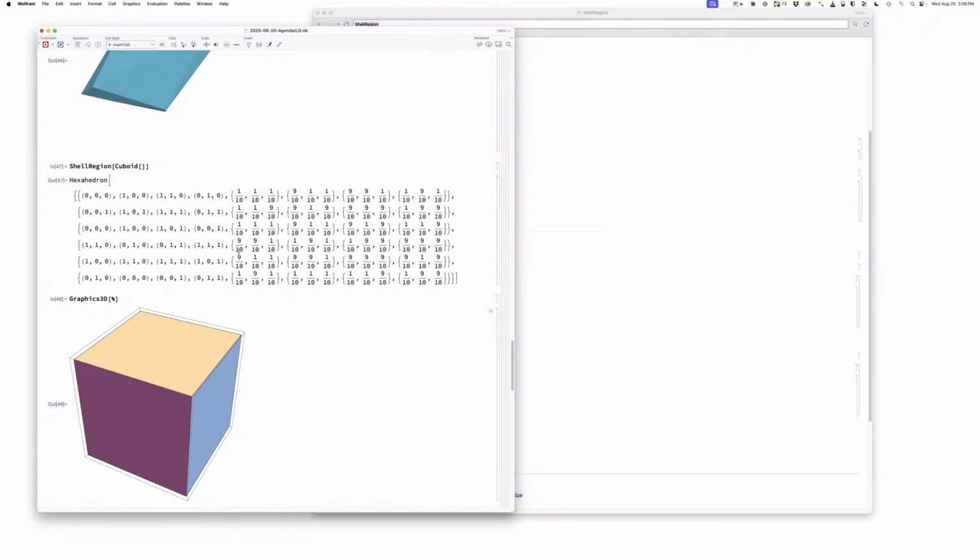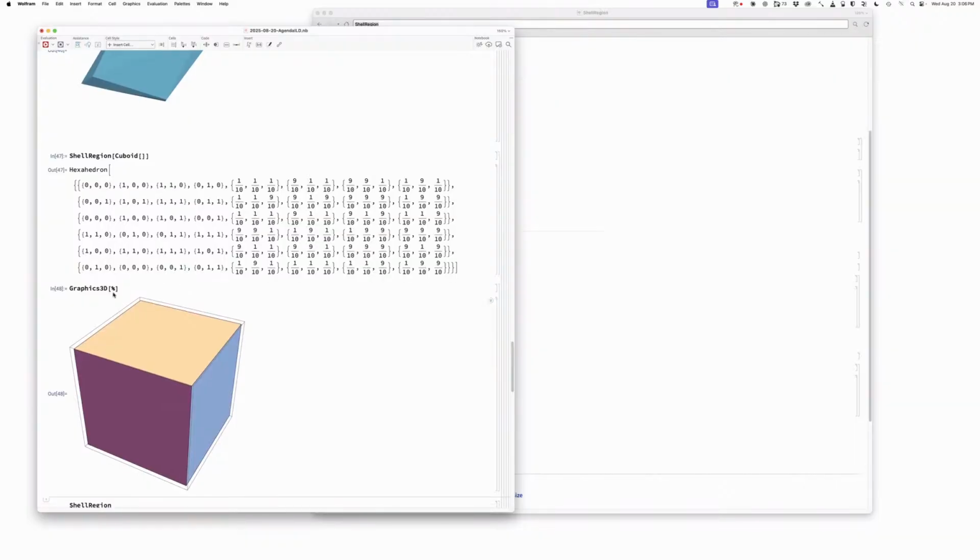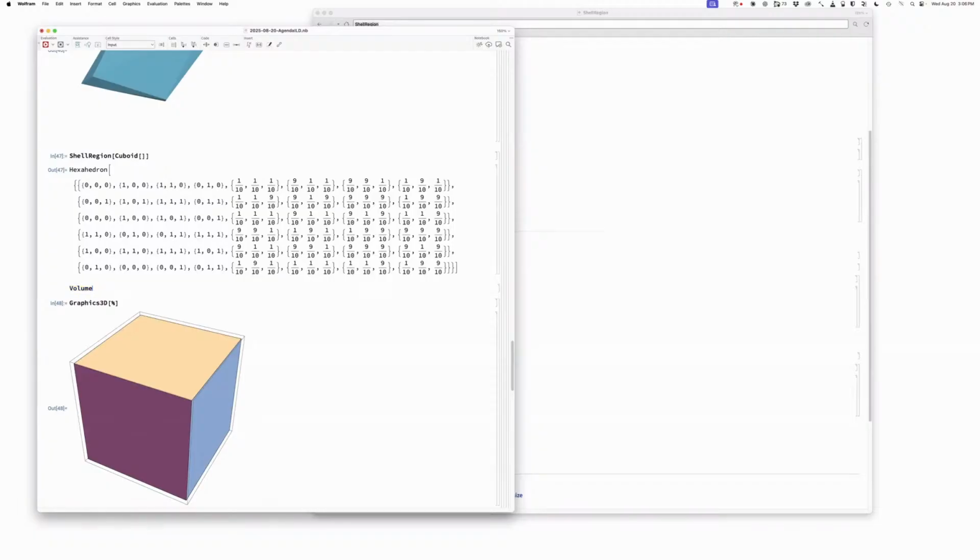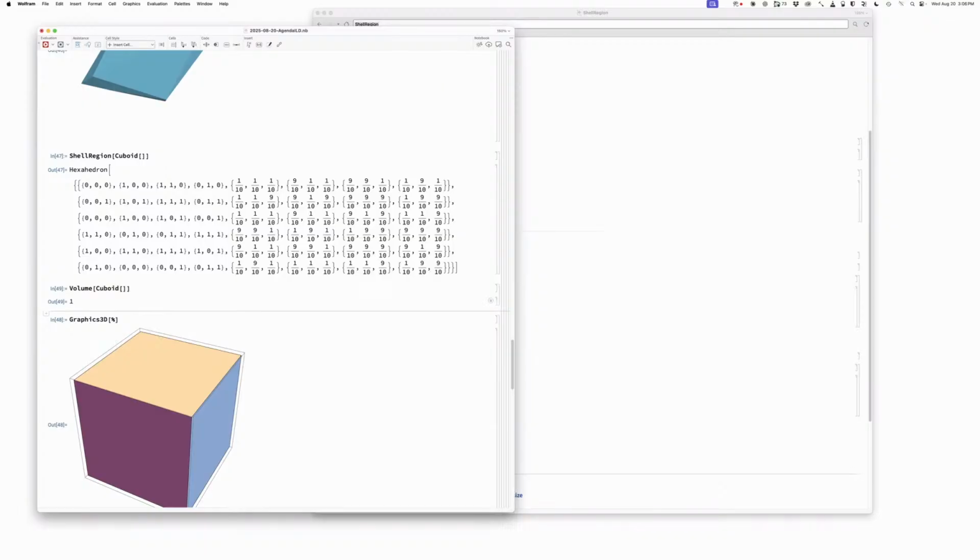Do we think of the cuboid as the surface or as the interior? I actually don't know for cuboid. Does cuboid have a volume or does it have an area? So I guess it's a somewhat puffed out cuboid.